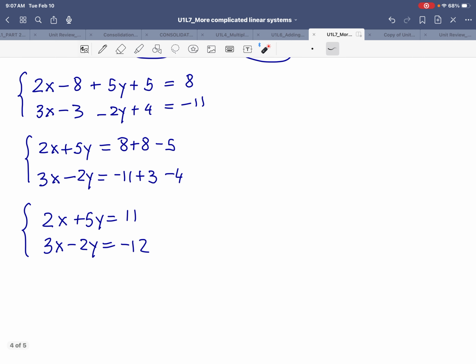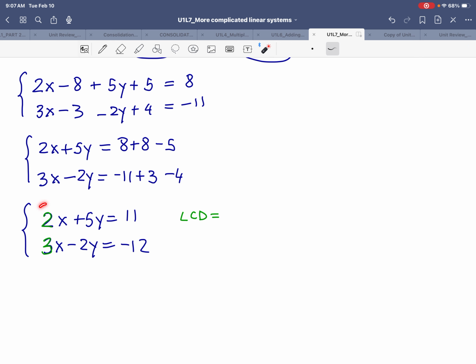I wouldn't go for substitution because all these coefficients are different than 1 or negative 1. They will give me trouble, bring more fractions, so no thank you. I am going to eliminate the variable x. I chose x because the coefficients are 2 and 3. They're smaller than 5 and 2. I like to work with small numbers, and that's not a secret.